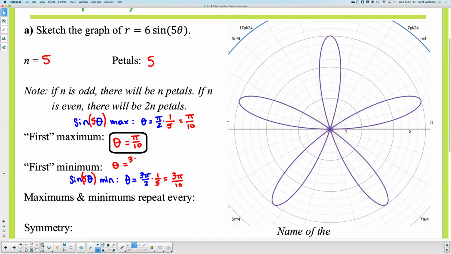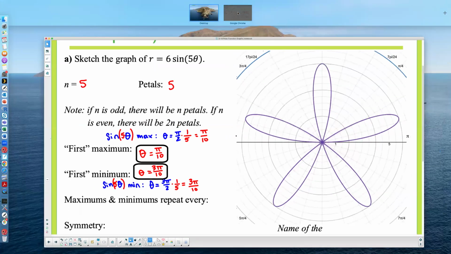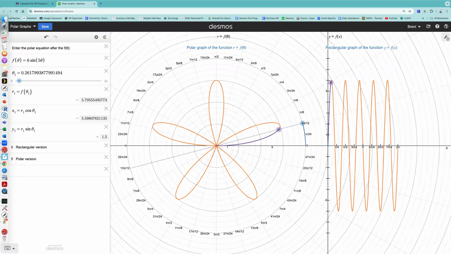By the way, the minimums and maximums will look the same on this graph, on the flowers, the roses. They look the same because it's just distance away from the pole. So the negative distance is the same distance as the positive distance, so they will look like the same type of petal. You won't be able to tell if it's a negative petal or a positive petal, but they're the same distance. Let me show you.